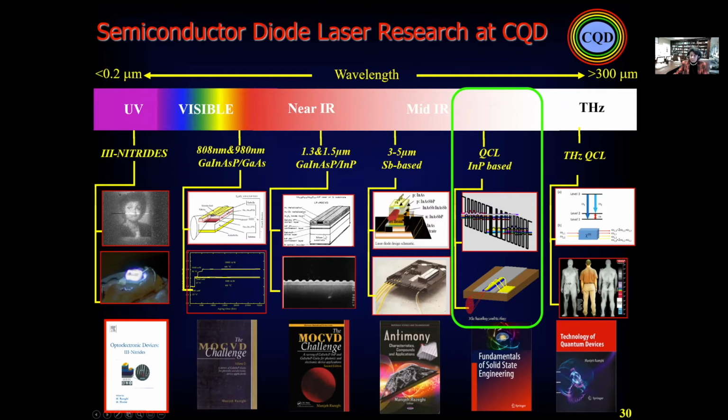So I developed the MOCVD at Thomson exclusively for this material, and it revolutionized the technology of the silica optical fiber. During 10 years at Thomson, we were the only one in the world to produce this kind of laser, and all of the information is in my book, MOCVD Challenge Volume 1, and now there is the second edition.